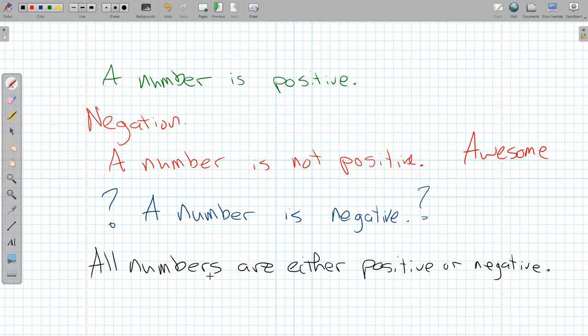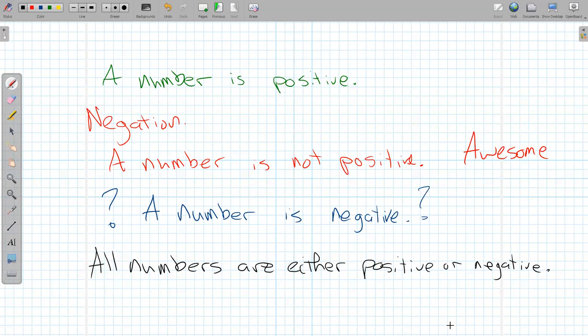Question, is this statement true, that all numbers are either positive or negative? No, says Jimmy. What's up, Jimmy? Help me out. 0, yeah, 0 is neither positive nor negative. So sometimes we have these ideas in our heads like, oh yeah, the opposite of this is that, but there can be cases that don't match that.